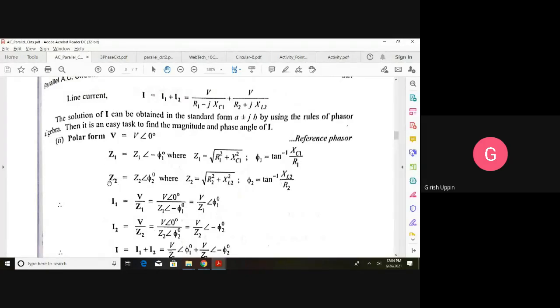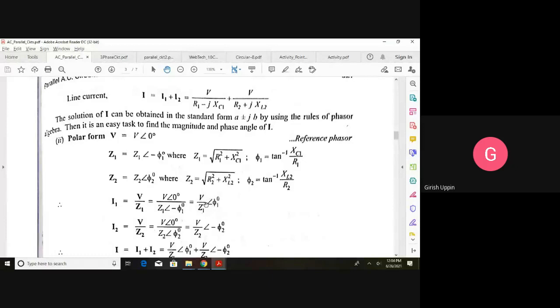Once you know Z1 and Z2, I1 is equal to V by Z1. Suppose they give the voltage as 230 volts and they don't specify the angle. When they don't specify, you can take it as 0. That is the reference, meaning the angle is 0 degrees. So V at an angle 0 degrees divided by whatever value you get for Z1 in the polar form.